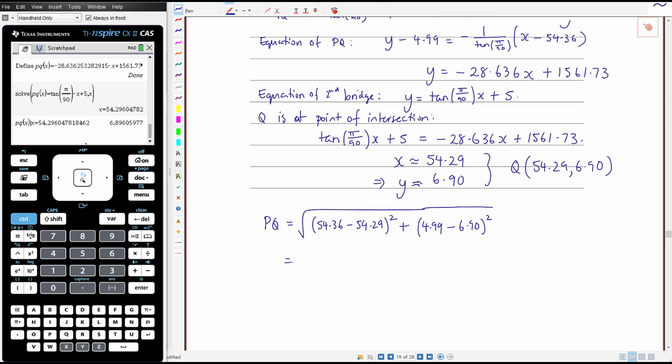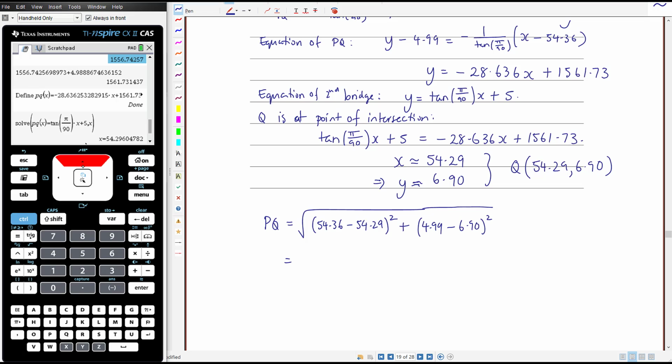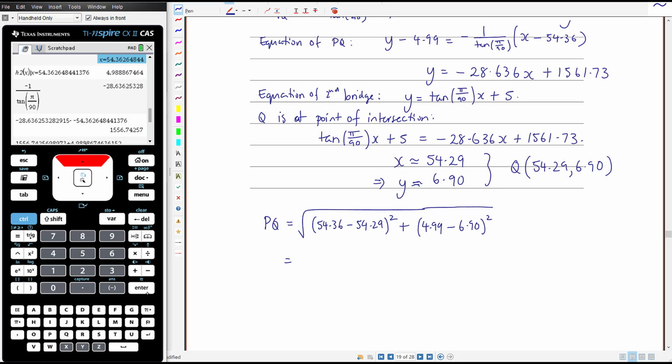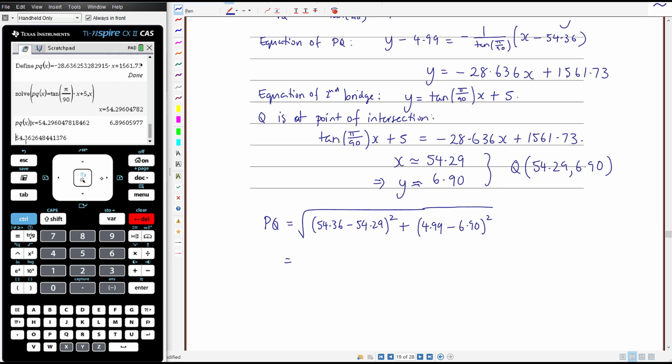Alright, I'm going to try and do that a bit exactly. So let's see. I'll get those other numbers. Okay, so we want that value, take away this value up here.